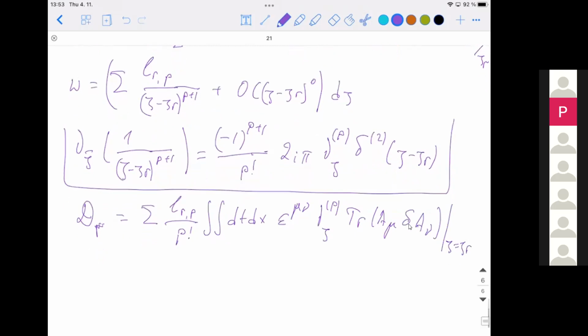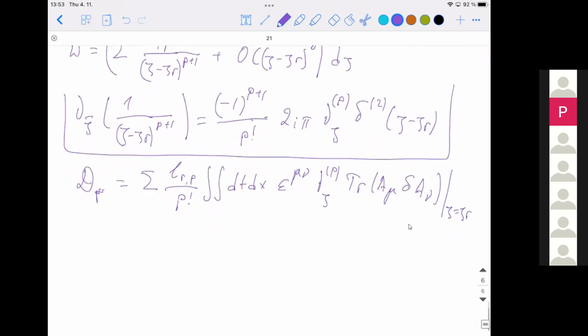So we need to take the derivative of this trace. And the condition is that we want the defect term to be 0. So you need to put some conditions, boundary conditions on A, so that the sum of the defect terms is 0.